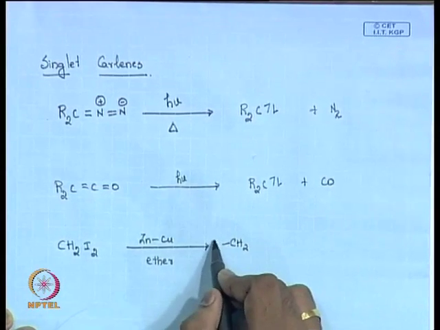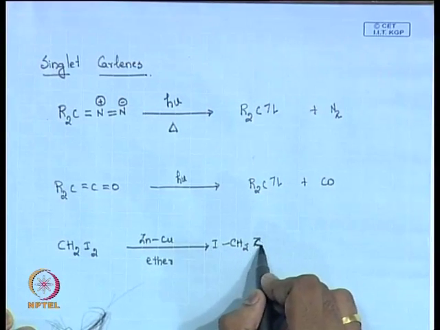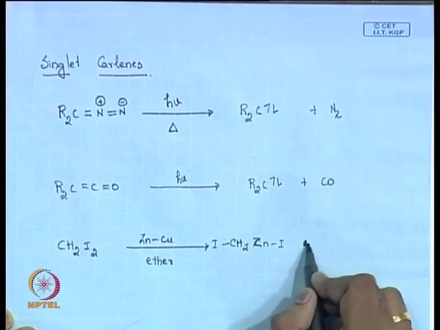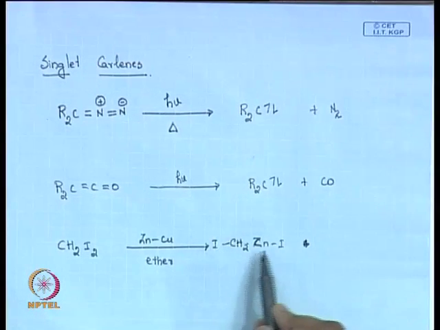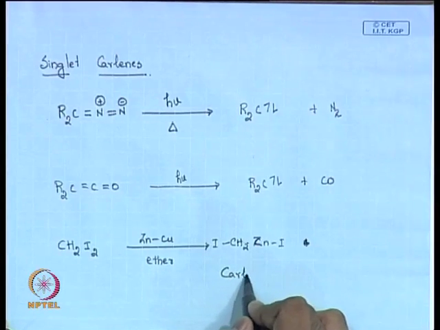One difference here is zinc iodide. What do you call this particular one? It is a carbenoid. That is why I want to remind you that it is not exactly carbene, it is a carbenoid.